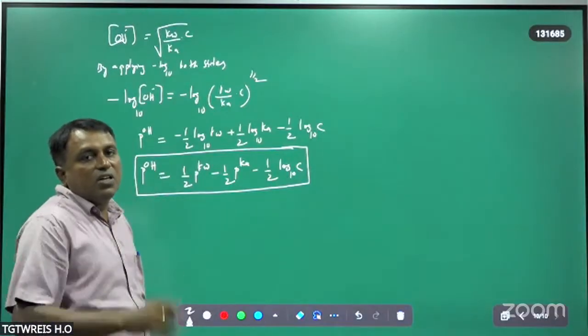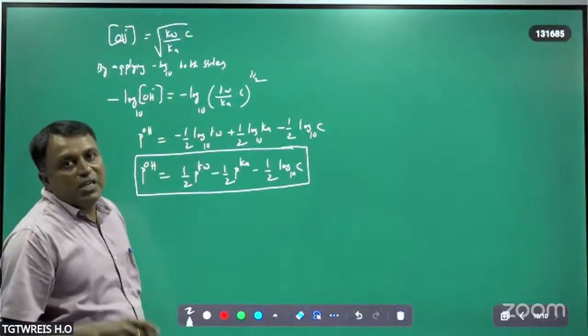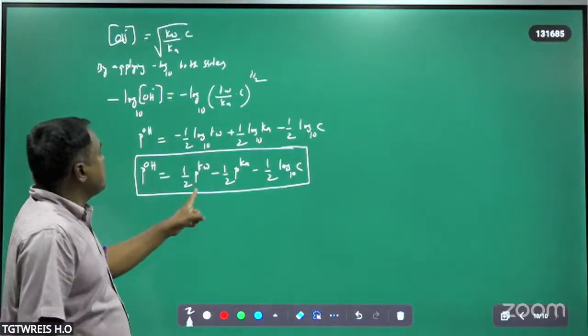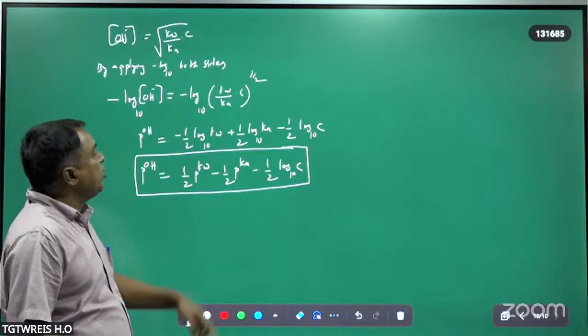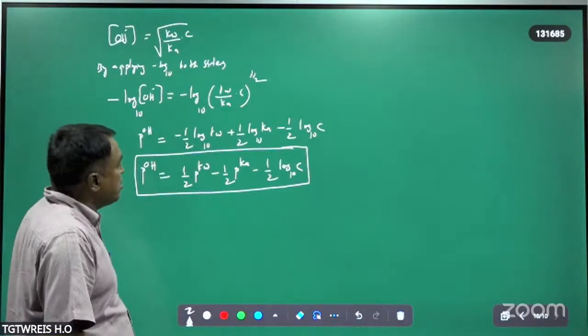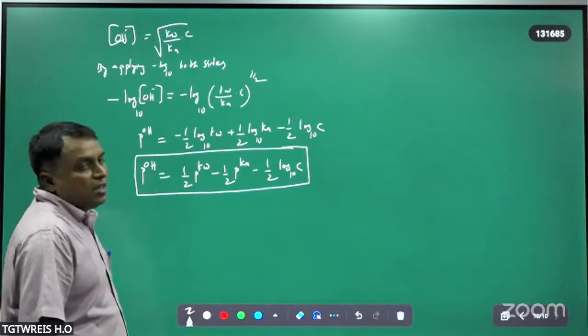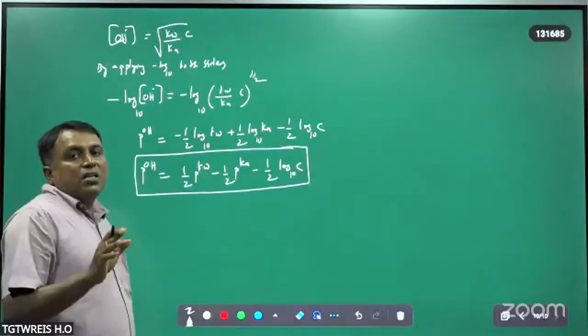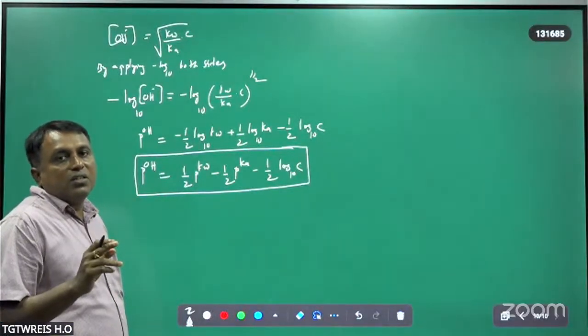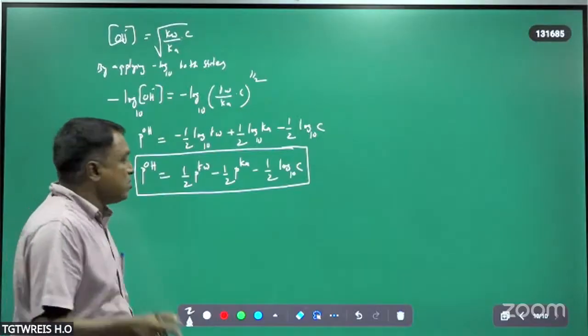When CH3COONa is dissolved in water, you get a basic solution. That pOH is 1 by 2 pKw minus 1 by 2 pKa minus 1 by 2 log base 10 C. This is the pOH for hydrolysis of salt of weak acid and strong base.